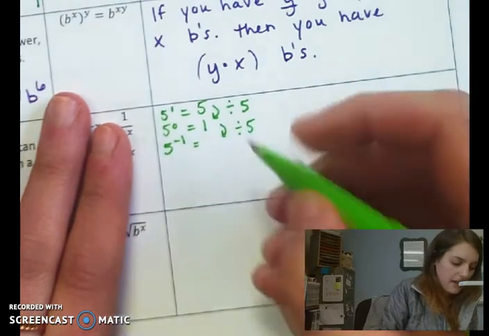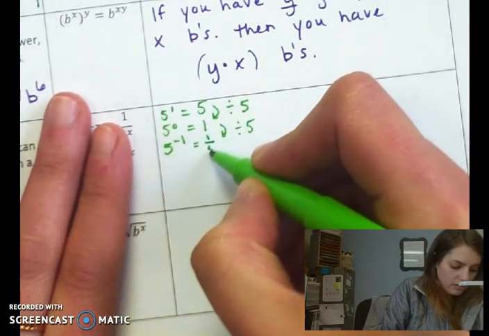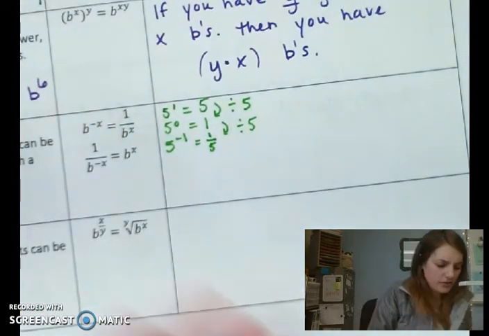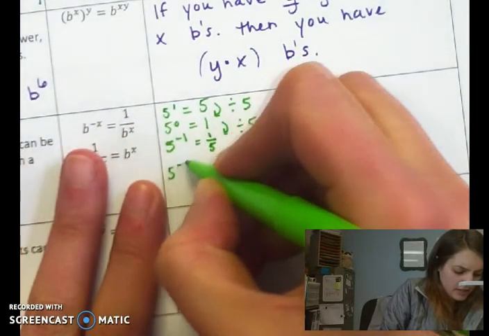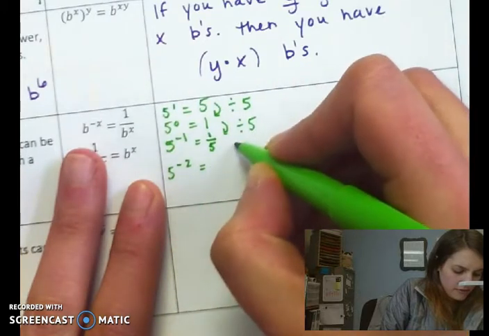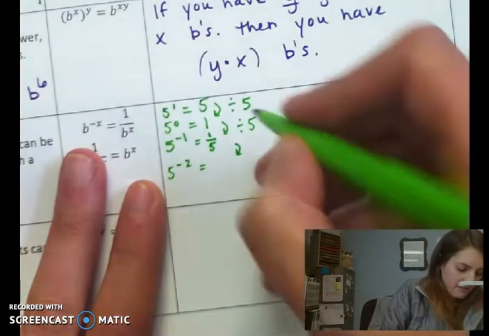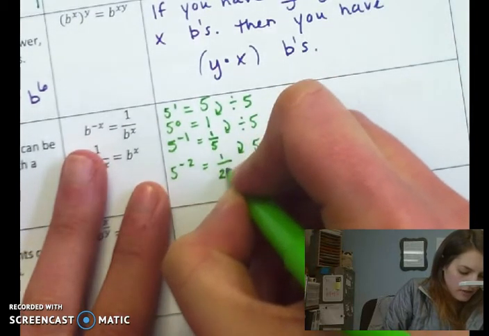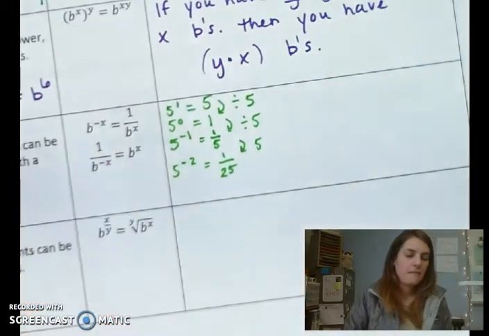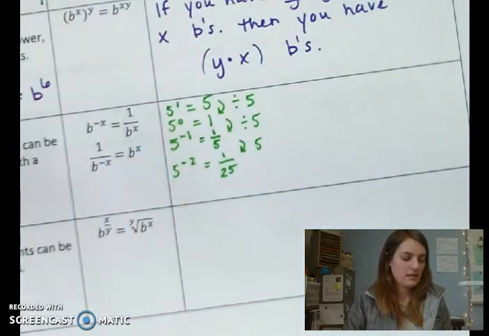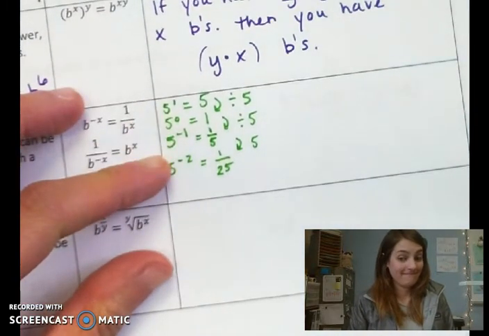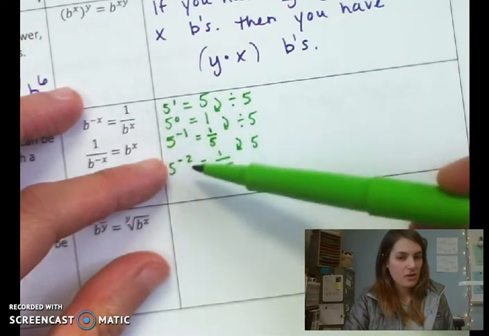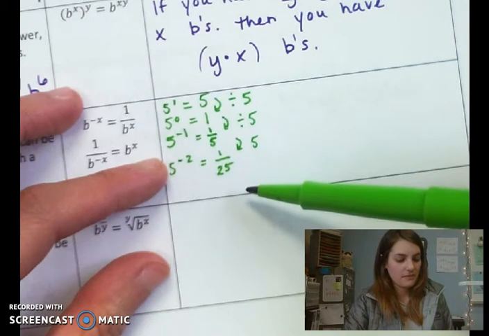Well, 1 divided by 5 is 1/5. And then if we do it again, 5 to the negative 2 would be 1/5 divided by 5, which is 1/25. So it seems that the negative exponent sends the power to the bottom of the fraction.